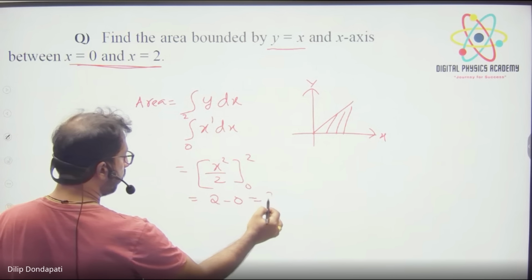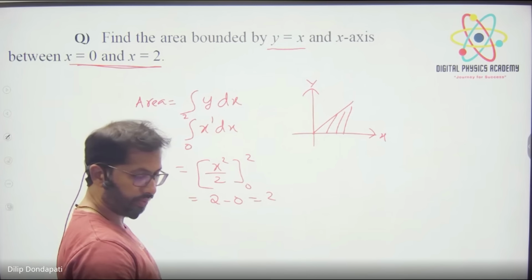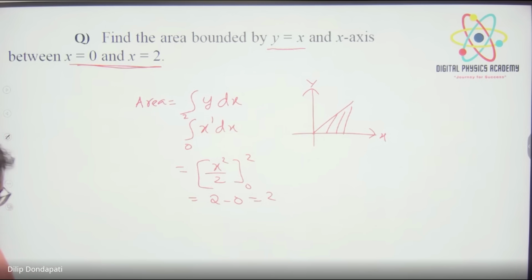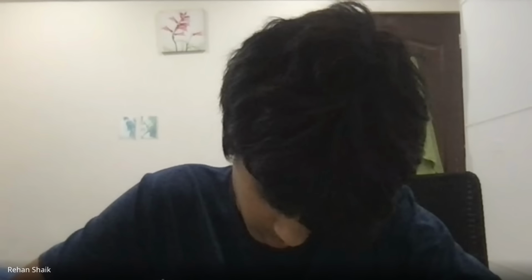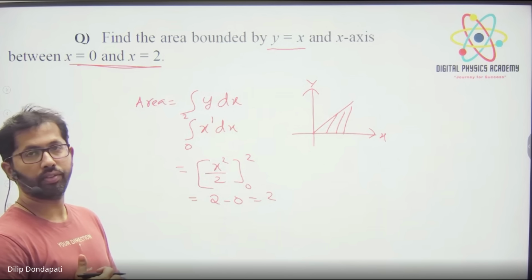So it is 2. Differentiation is for slope, integration is for area under the graph.